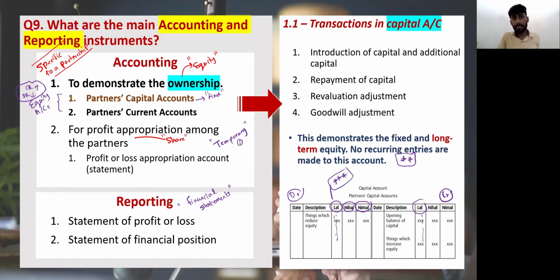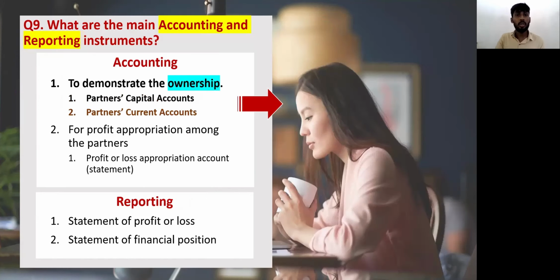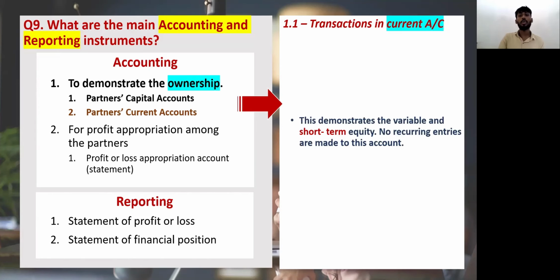Okay, done. Now we learned about capital accounts. The key rationale is we use them to record the long-term equity. Then for the short-term equity, we use the current account.